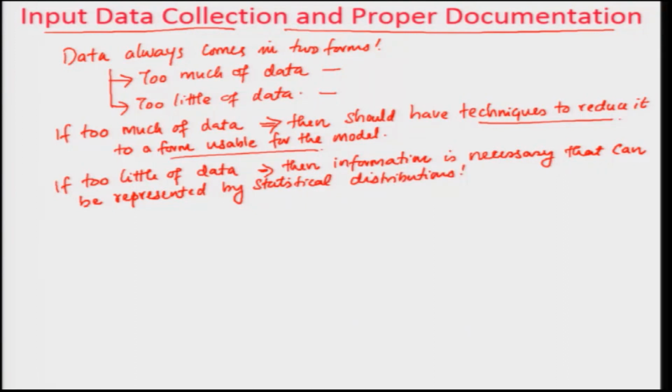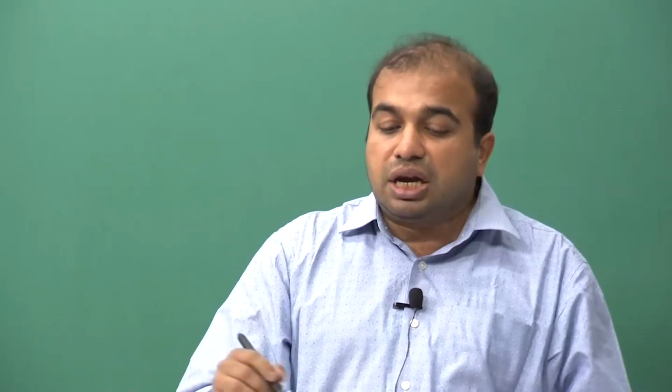So, if you have too little data, then you are trying to create information that can be represented by statistical distributions. So, if you have 10 values, which is not sufficient, but almost all the 10 values look very similar to each other, then you can say okay fine, all values are the same or similar and they look like they are equally likely. Then I can use a uniform distribution because you have too little data. That kind of understanding you should be able to have.